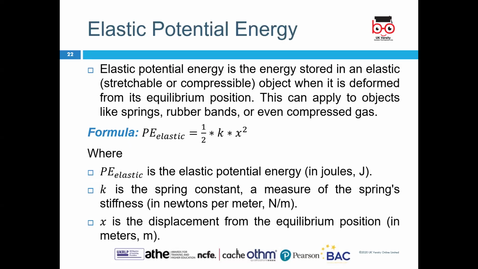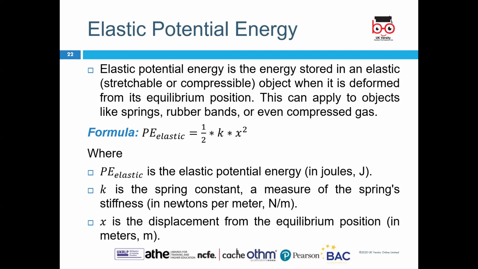Then we have elastic potential energy, which is the second type of potential energy. This is the energy stored in an elastic, stretchable or compressible object when it is deformed from its equilibrium position. So this can apply to objects like springs, rubber bands, or even compressed gas.